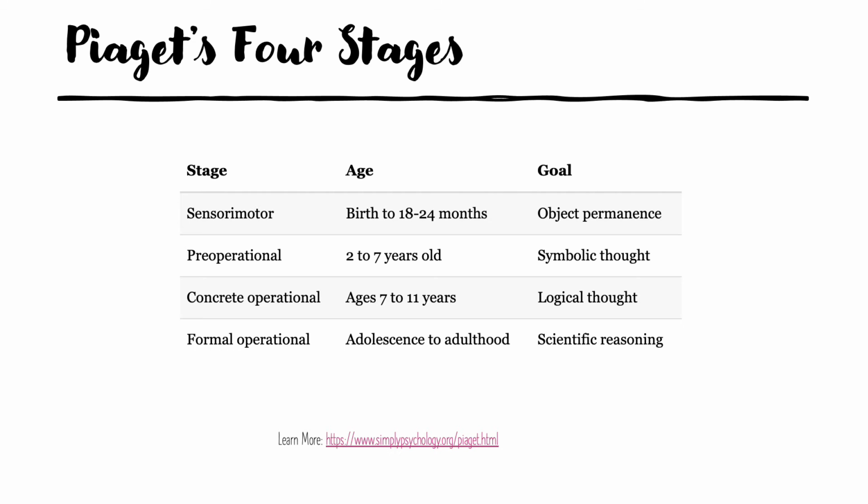Pre-operational is 2 to 7 years, and this is when you have symbolic thought. Concrete operational is 7 to 11 years, and it's logical thought. And formal operational is adolescence to adulthood, and this is when you have scientific reasoning. In each of these stages, we'll go into more detail about what this all means.